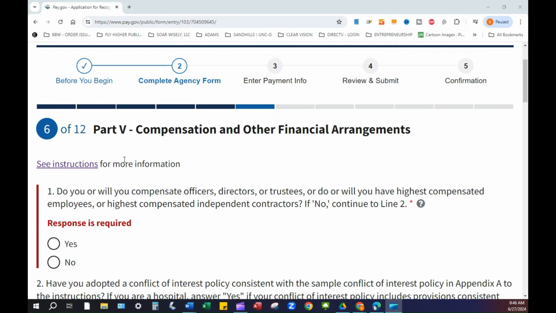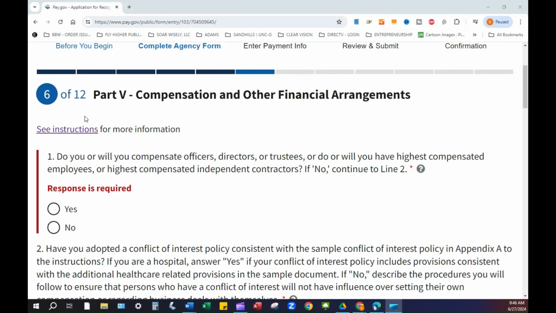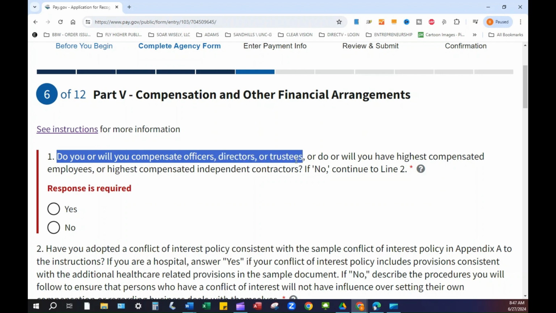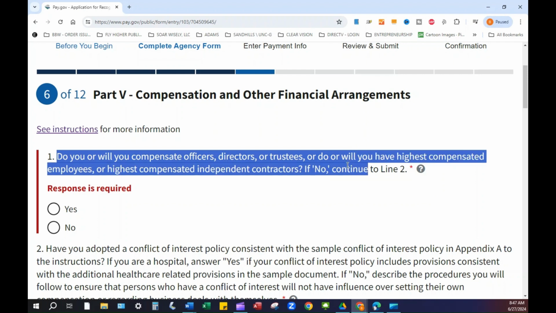All right, the very first question of this Part 5 is: do you or will you compensate officers, directors, or trustees? Or do or will you have highest compensated employees or highest compensated independent contractors? If no, continue to line 2.